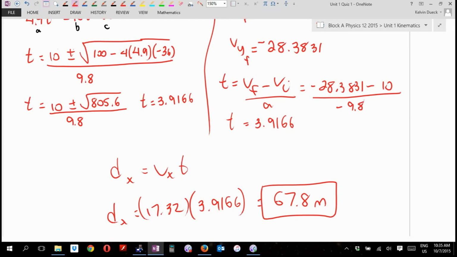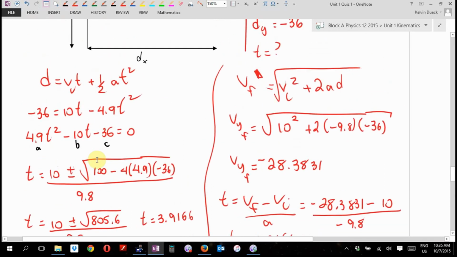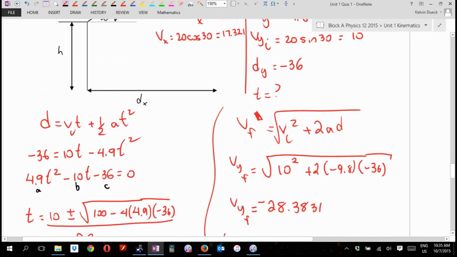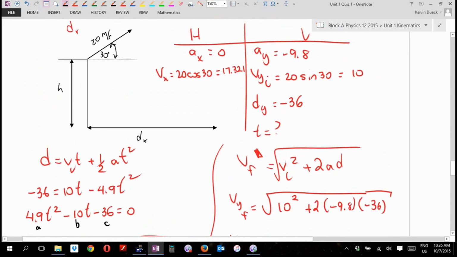If not, I would definitely give you 1 mark if you found time on either side. I would give you a half mark for that, no matter which approach you used. I'd probably give you a half mark for that.